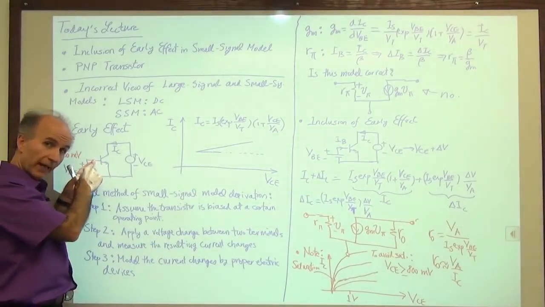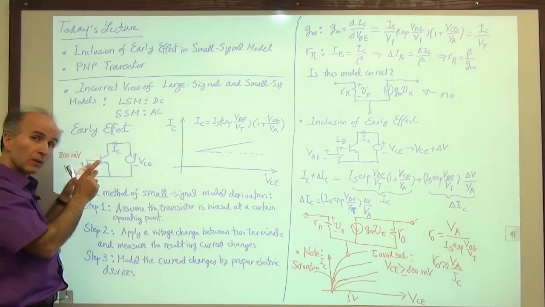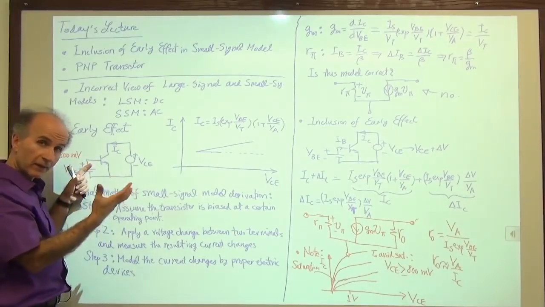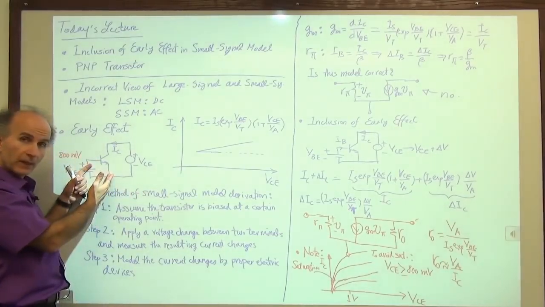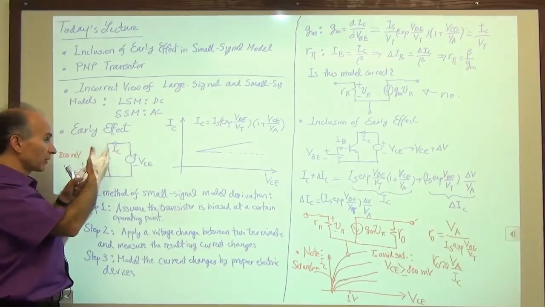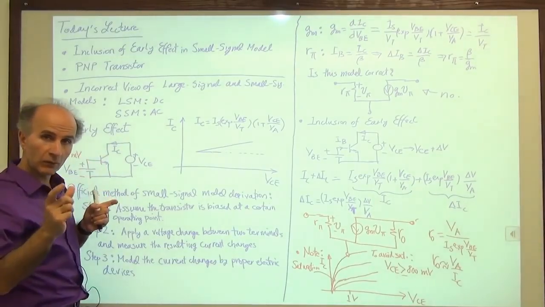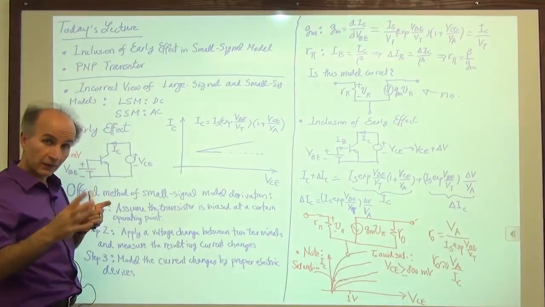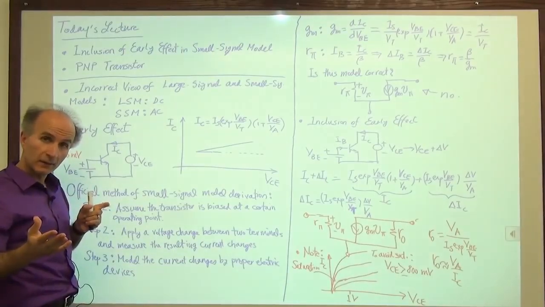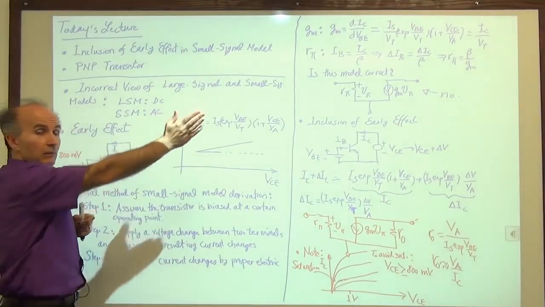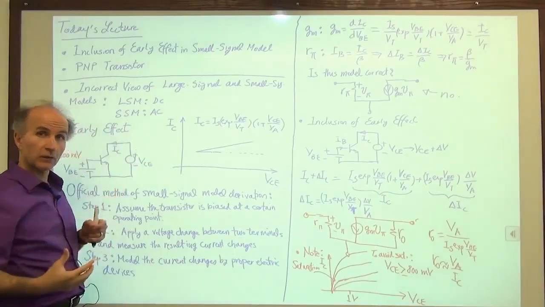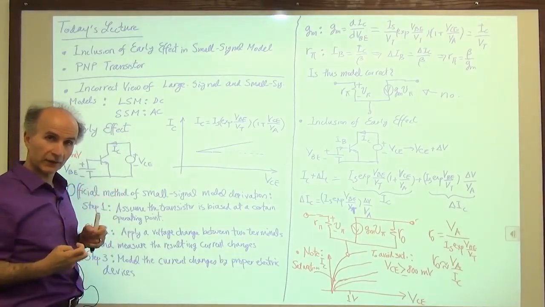Is that really bad? Well, we know that for typical designs, typical transistors, if a junction has only 300 millivolts of forward bias on it, its current is very small. We have to get to 700, 800 millivolts before we have a significant current.